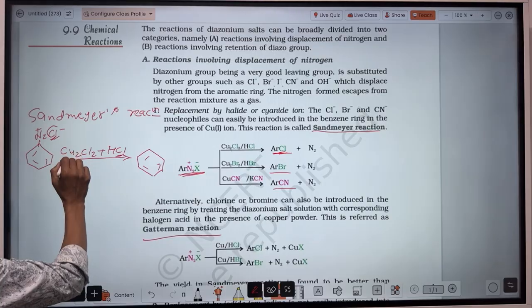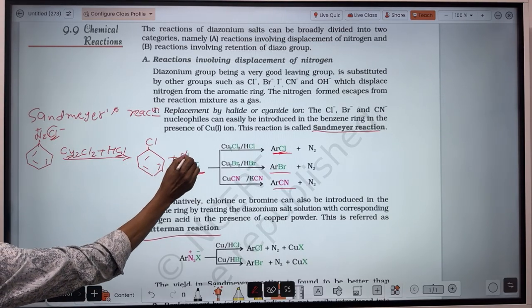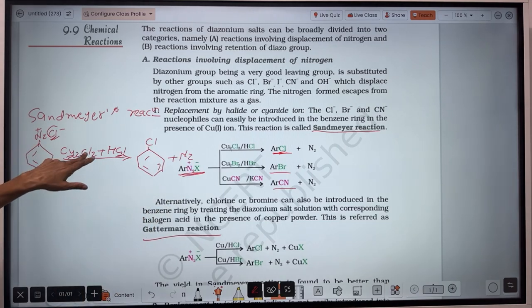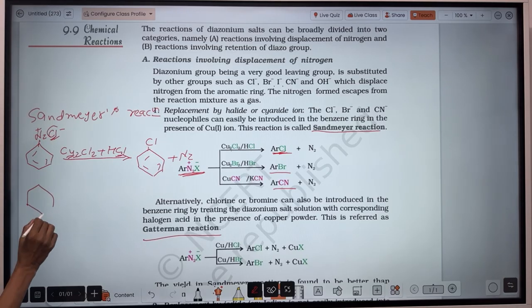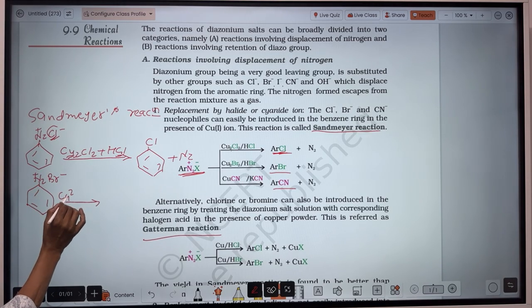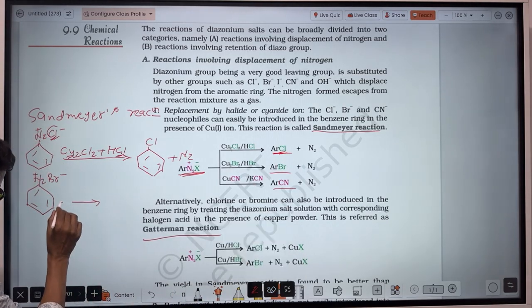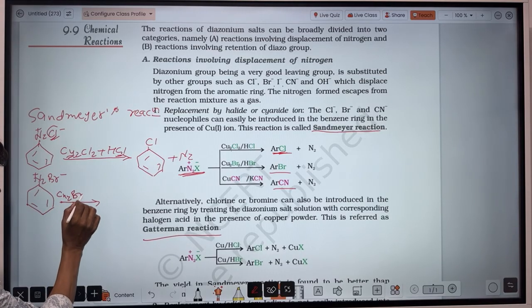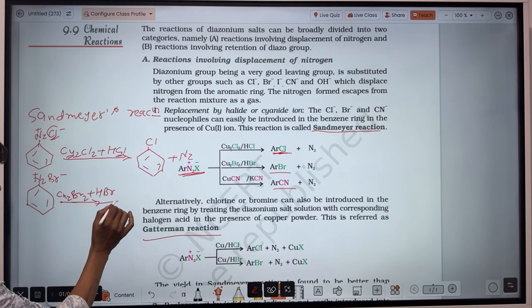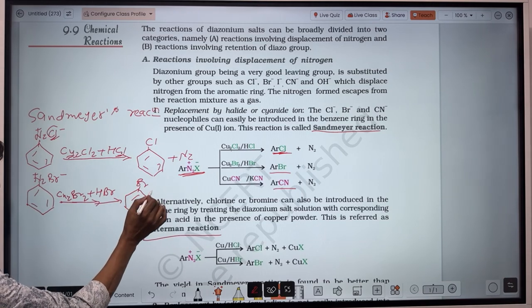The chlorine combines with the copper, the chlorine goes to the benzene, and nitrogen is released. Here chlorobenzene plus nitrogen form, and Cu2Cl2 forms again, so it acts as a catalyst. Or another reaction here: bromine will attach to the benzene, and nitrogen will be released.